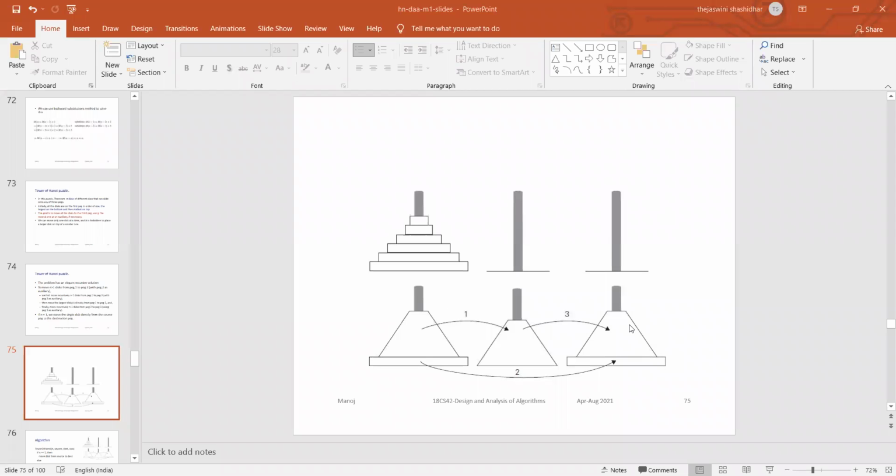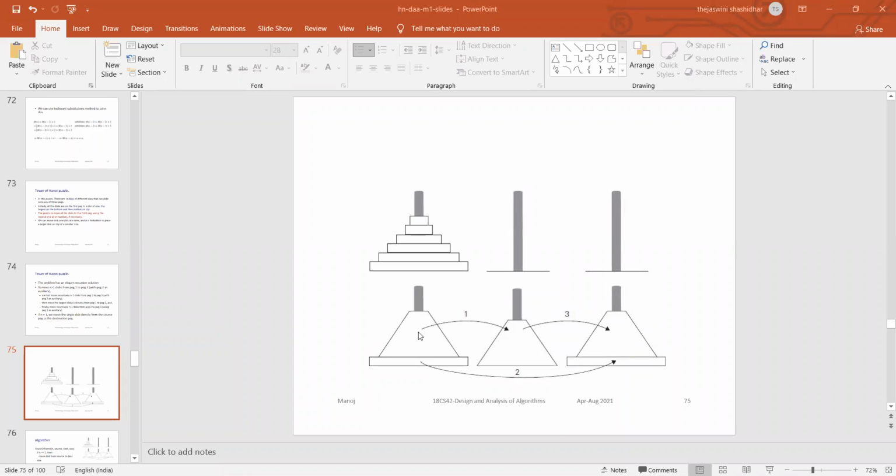At the first step, how many disks do you move? Can anybody answer?